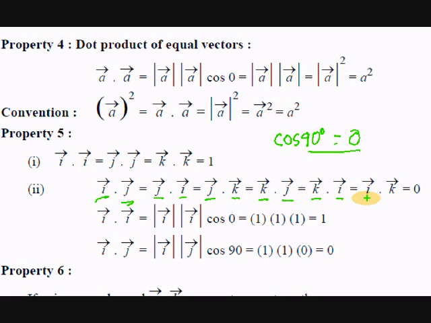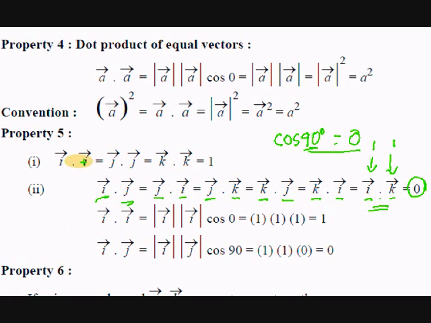So of all these three, any one is perpendicular to the other two, so they are going to be 90 degrees apart, which shows that any dot product of vectors perpendicular to each other is definitely going to be 0. We know these two are non-zero unit vectors. When we say unit vectors, the magnitude is 1. Since they are perpendicular to each other, the value is going to be 0.